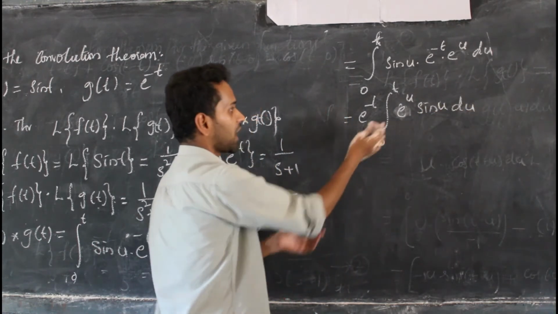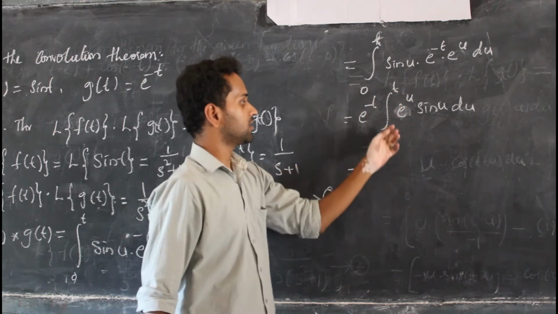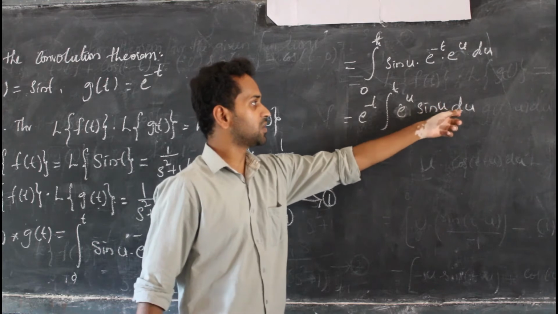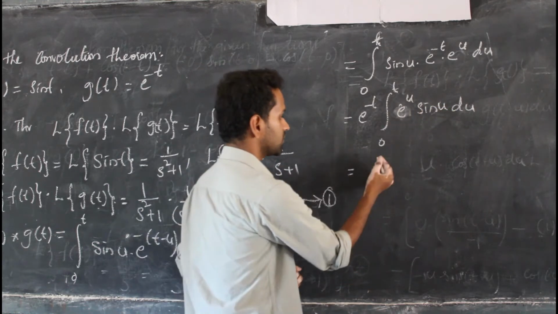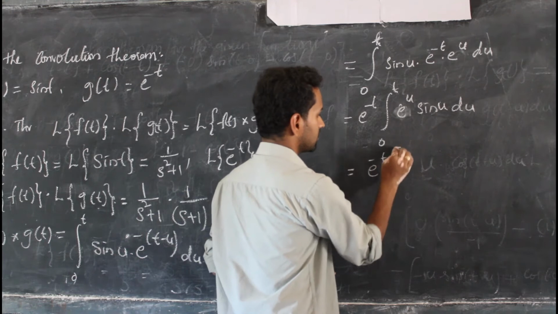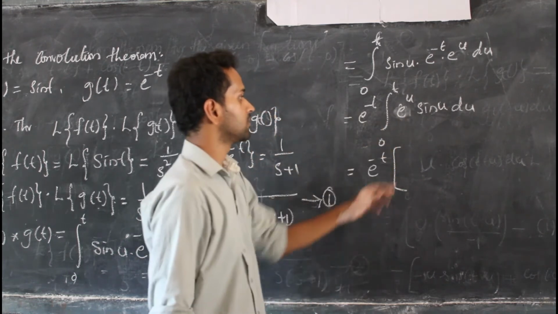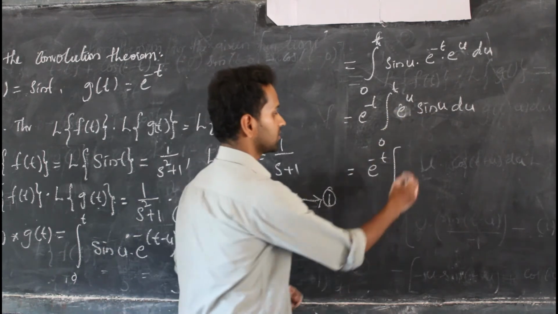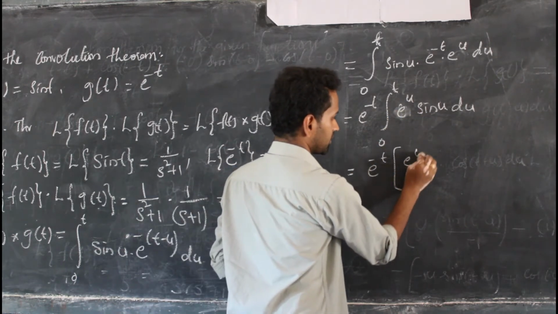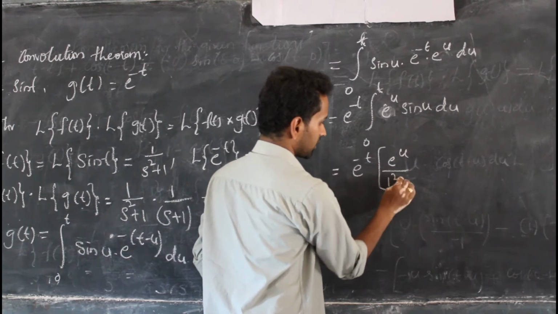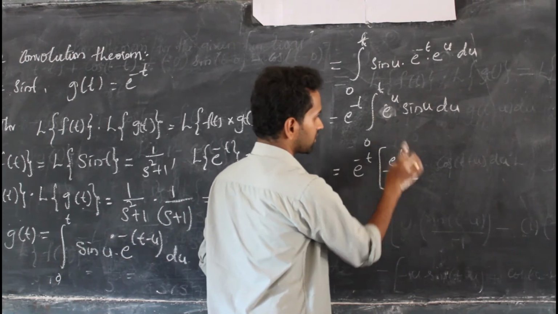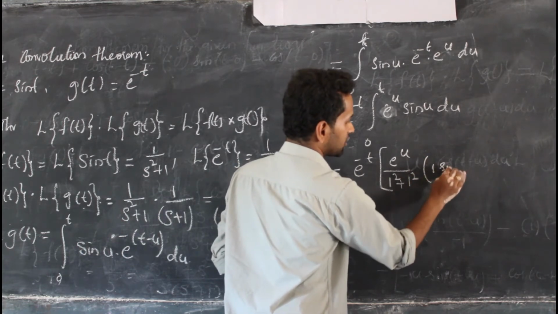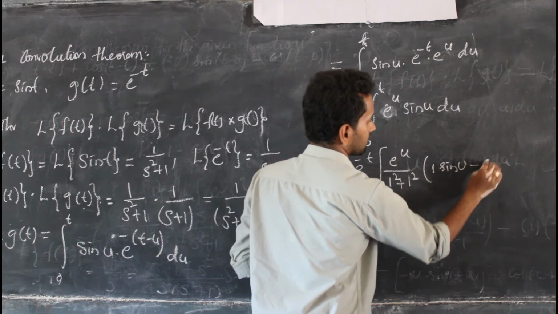So this becomes, we have a standard formula: the integral of e to the power of ax into sin bx dx. So that case means we know that e to the power of minus t times the integration of e to the power of ax into sin bx dx equals e to the power of ax divided by (a square plus b square), a is 1, b is also 1, into (a sin u minus cos u), where a is 1.